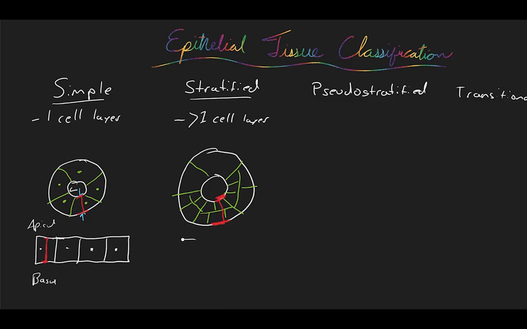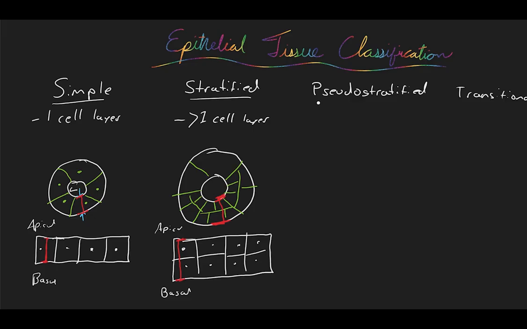If I come over here and I draw my epithelium, and I draw my basal side, and I draw my apical side, draw some cells, but this time I stack them like so. Now, when I go from the basal side to the apical side, I go through two cell layers. So that's what we call our stratified epithelium.